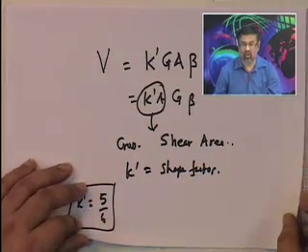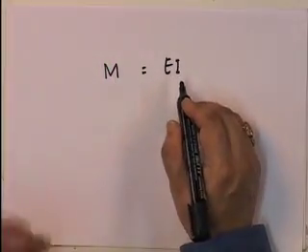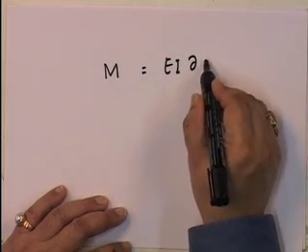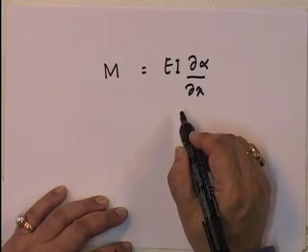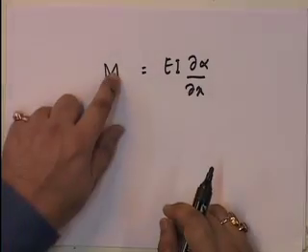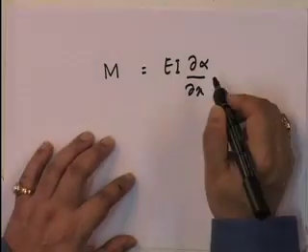Okay. So, that is what V is, and the other one is essentially what we have as M, which is equal to EI into the rate of change of rotation of the cross section, because M is related to the rate of change of rotation of the cross section.